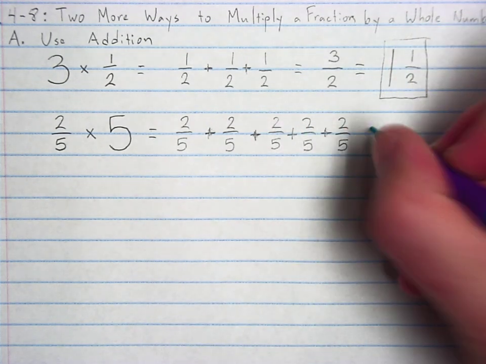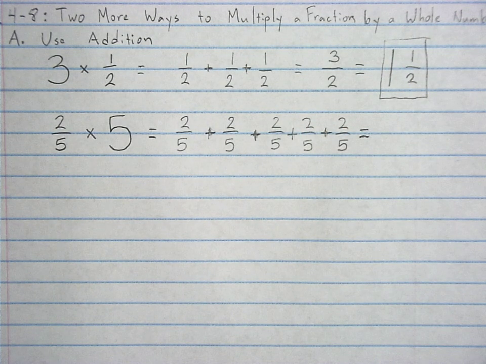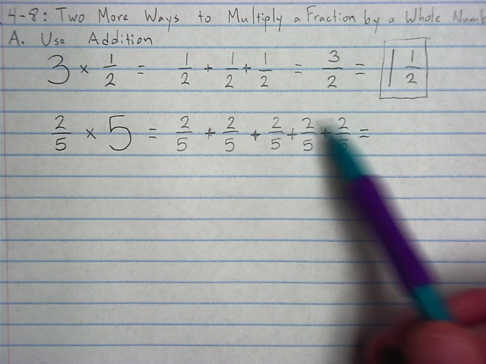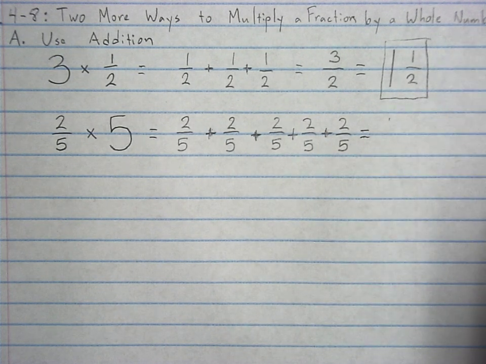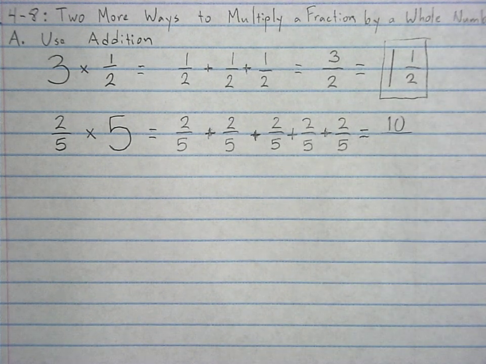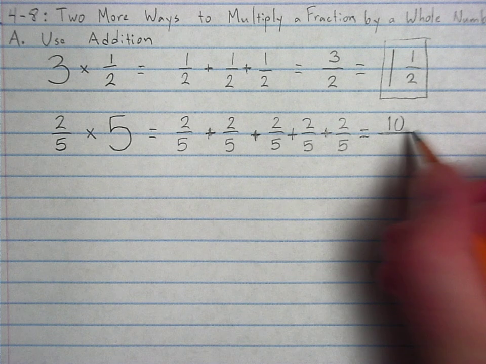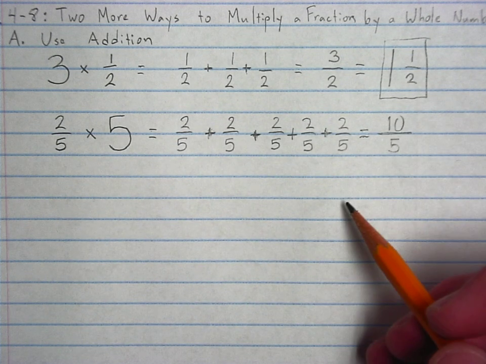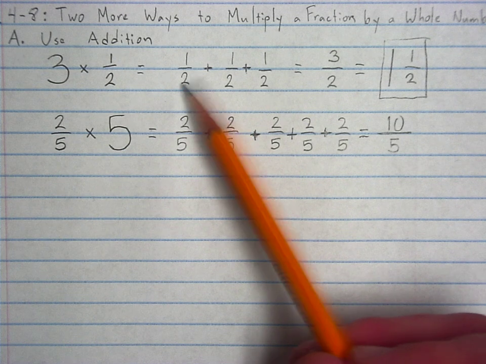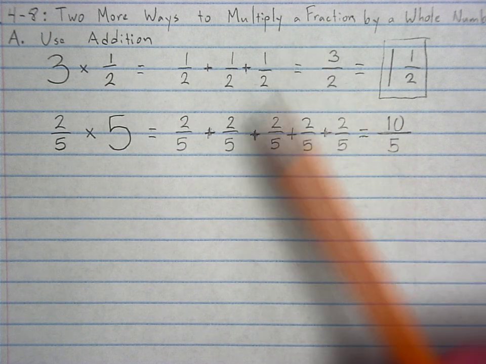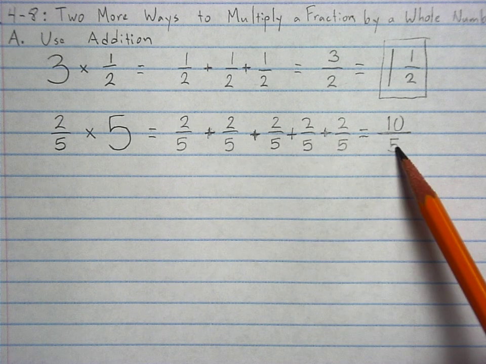Some of my addition symbols, not the best. I will blame my pencil as I always do. 2, 4, 6, 8, 10. Thank you, pencil. I'm going to a regular pencil today. 10 over 5. Now remember, when we're adding fractions, the denominator is always going to stay the same.